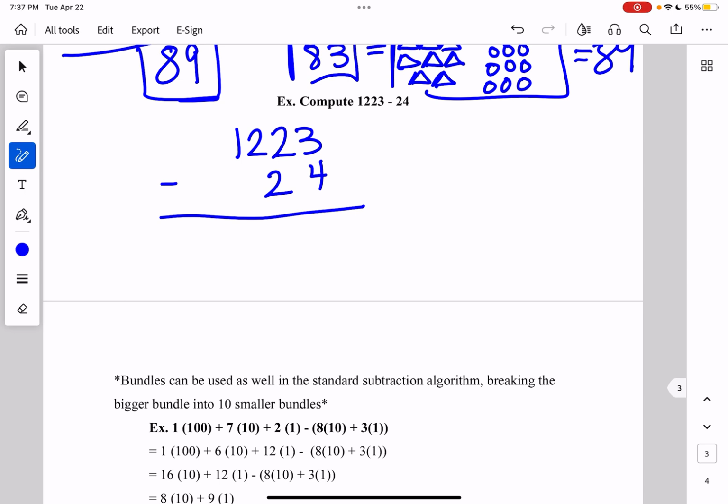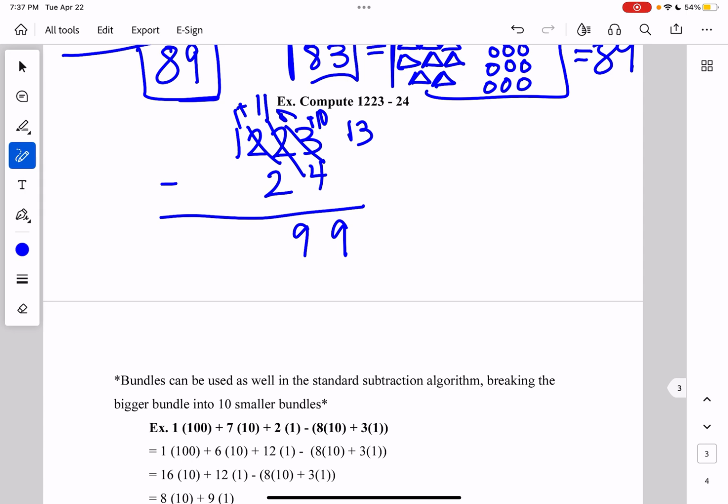3 cannot be subtracted by 4, so you're going to go to your left. You're going to remove 10, making it a 1, and plus 10 over here, making it a 13. 13 minus 4 is 9. Then go back to the left. 1 minus 2 we're unable to do, so you're going to get a 1 plus 10, making this an 11. 11 minus 2 is 9.